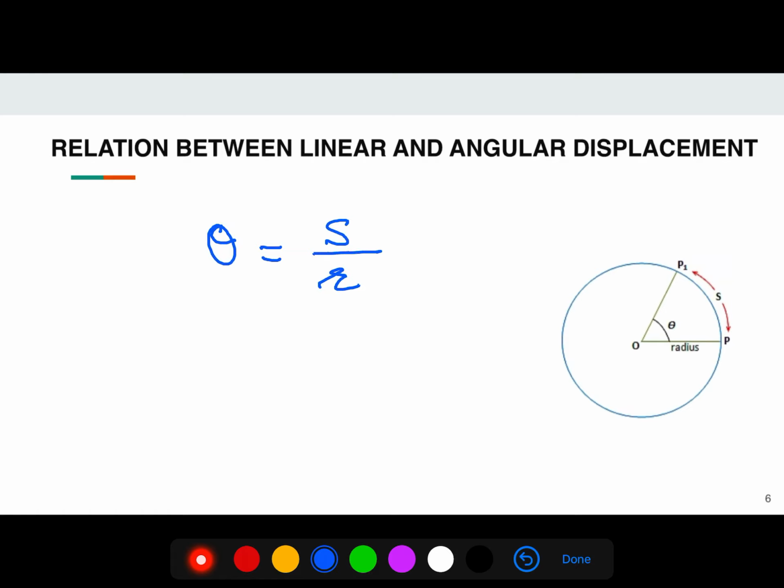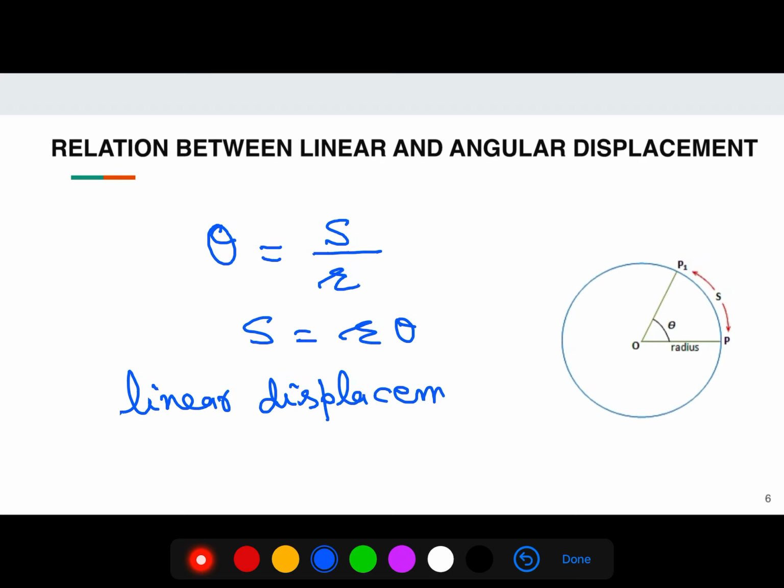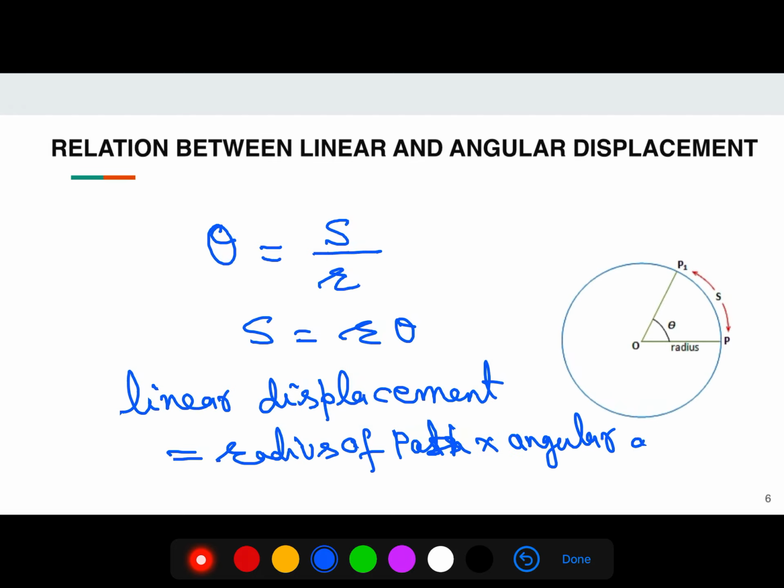Here arc is s, and it may also be considered as linear displacement. So s is equal to r theta. Linear displacement is equal to radius of path into angular displacement.